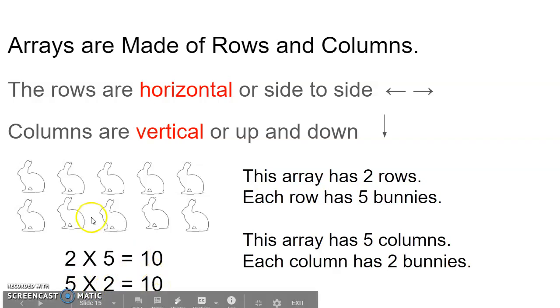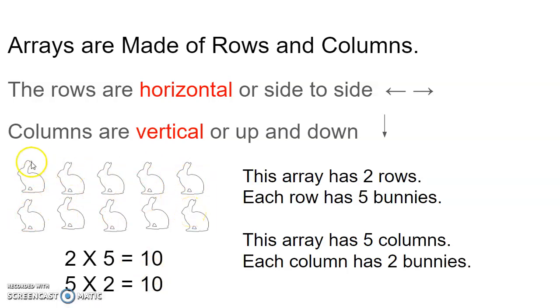So if we were skip counting here, we could just say 5, 10 if we were counting by the rows. Or we could say 2, 4, 6, 8, 10 if we were counting by twos.